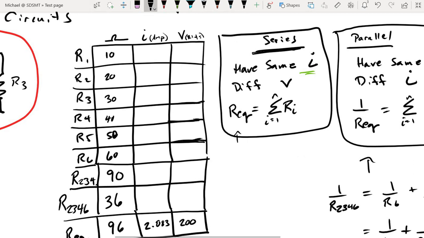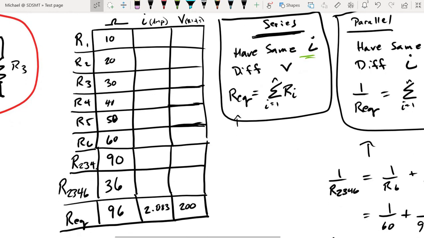That current, 2.08, has to go through resistor 1, resistor 5, and resistor 2, 3, 4, 6. Keep in mind Ohm's law.